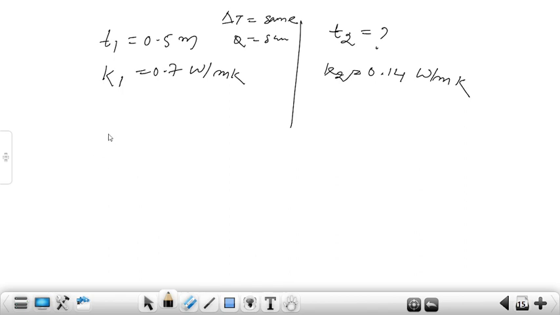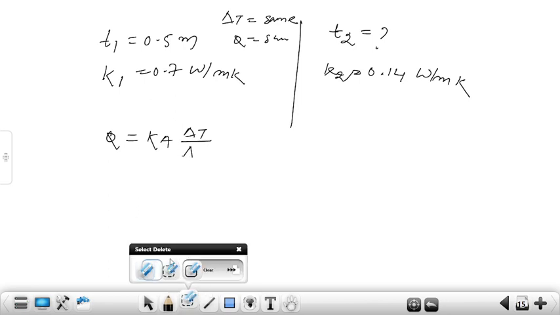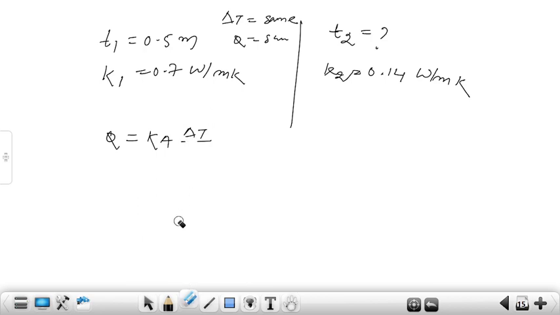Fourier law of conduction, Q is equal to K area dT divided by thickness. So area is constant and temperature difference is same and Q is also given same.